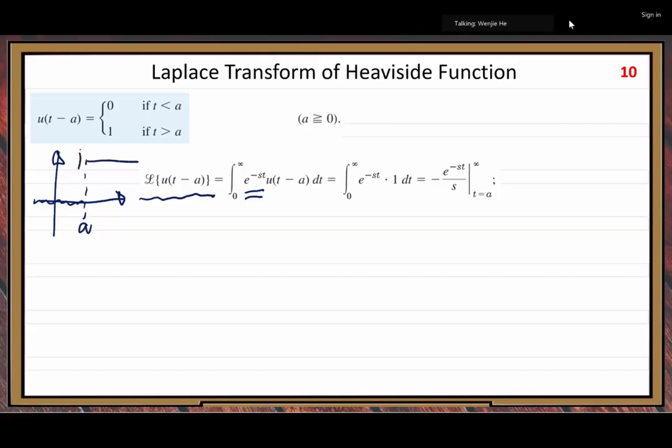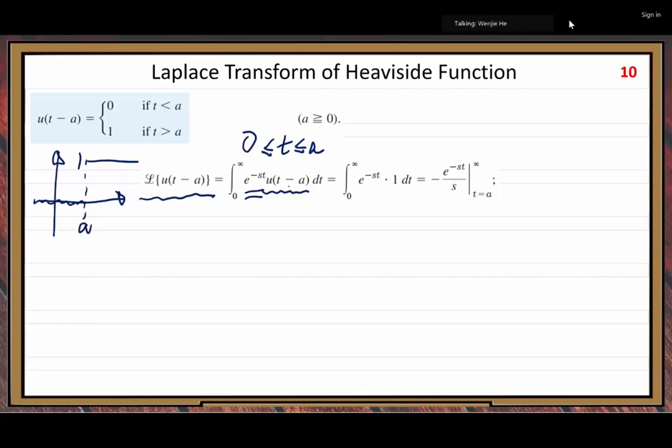So when t is less than or equal to A, and greater or equal to 0, this function is 0, because t minus A is less than or equal to 0.